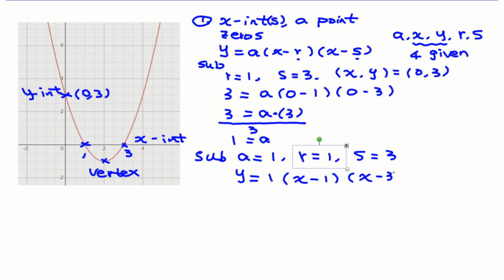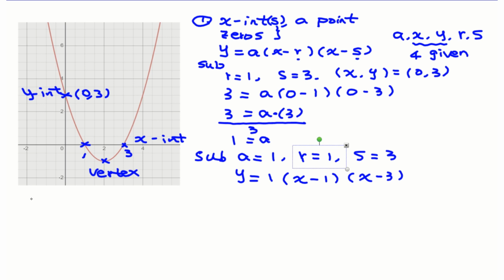This is the equation for the given graph. Sometimes it's not a graph given, it's just word descriptions that give you the information. So as long as you see the x-intercepts or zeros, use the factor form.